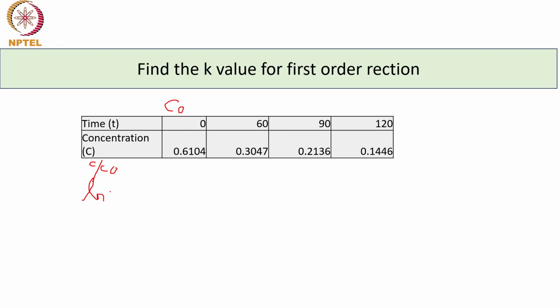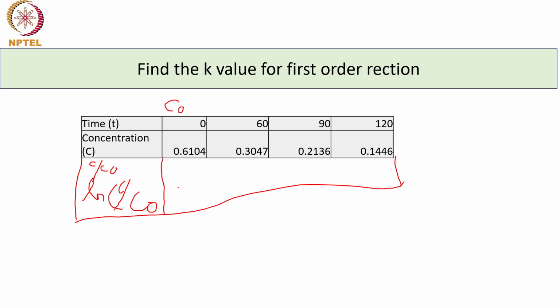And then ln of C by C naught. You make two more columns like this. Now you find C by C naught. For the first case, C naught will be constant for all the things.